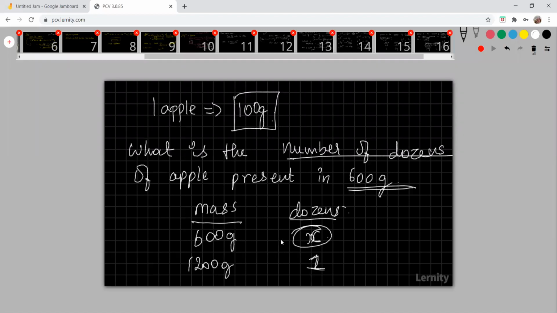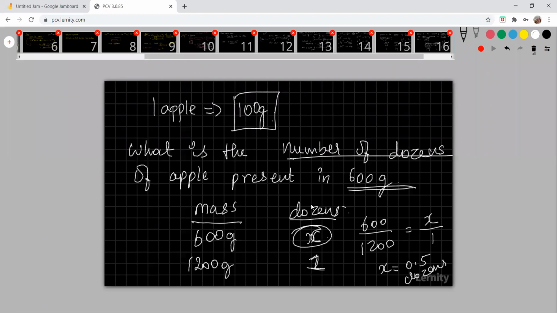Now I can calculate the number of dozens in 600 grams, which is equal to 600 by 1200 equal to x by 1. So x is equal to 0.5 dozens. Hope I have made it clear to you. Similar to dozens, we are going to take moles. That's it. Have I made it clear to you?